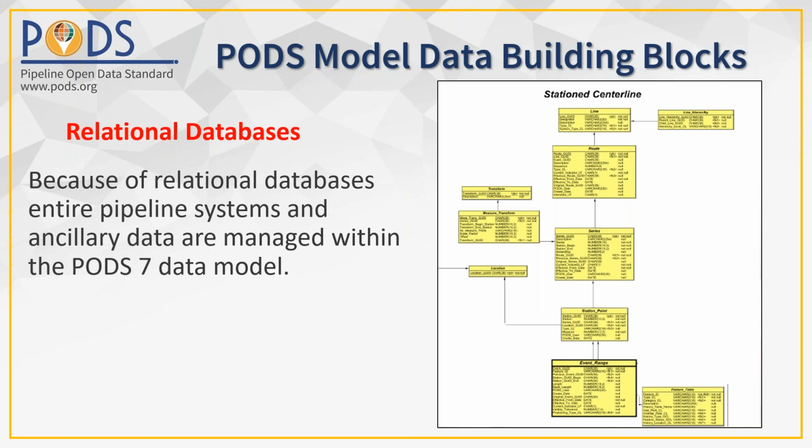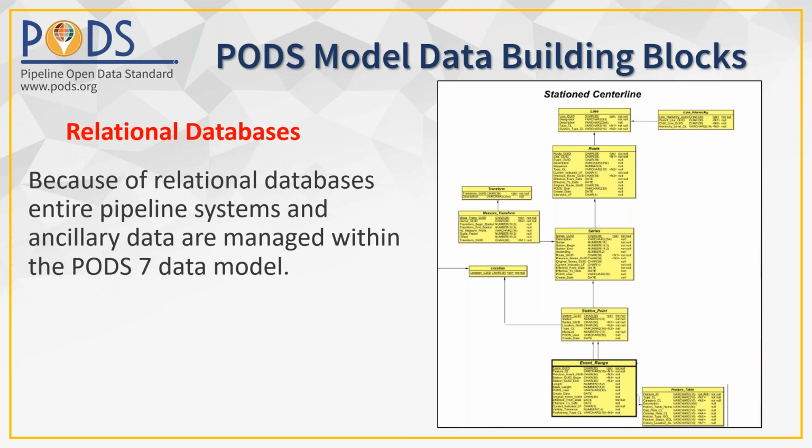So relational databases are an old concept. They certainly are alive and well in PODS 7, but you're going to see as we walk through some of the old versions of PODS models in a few minutes, you'll see that relational databases have always been the basic building block of the PODS data models. So these related tables then are the essential underpinning of the data model, regardless of the vintage.